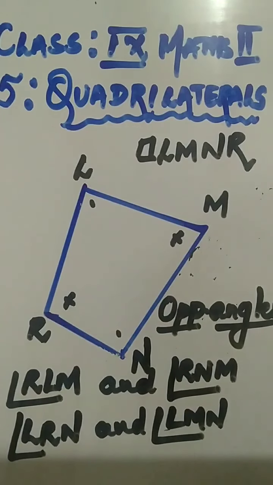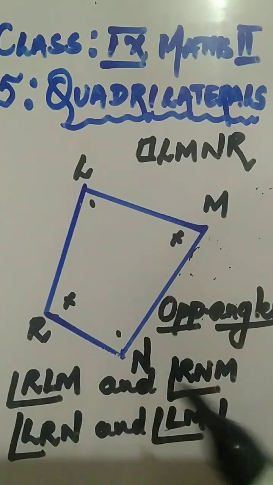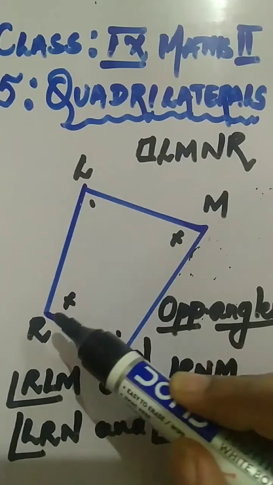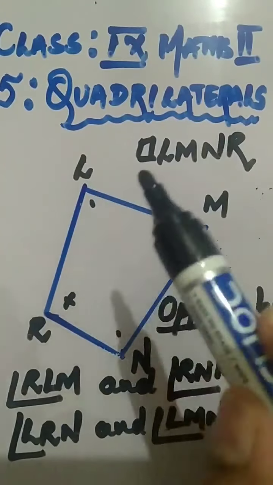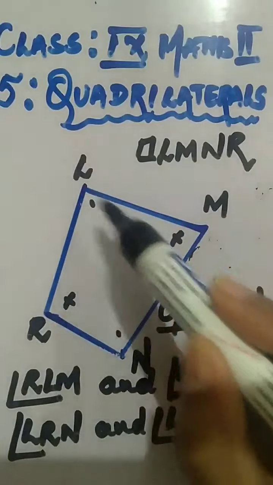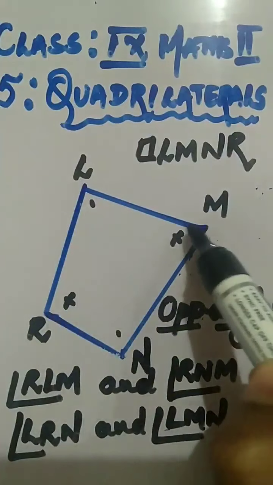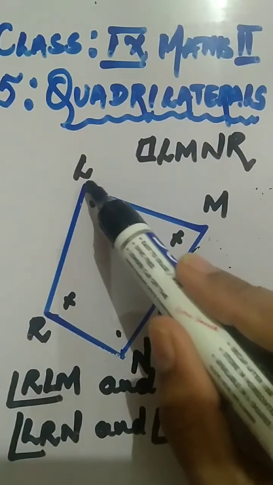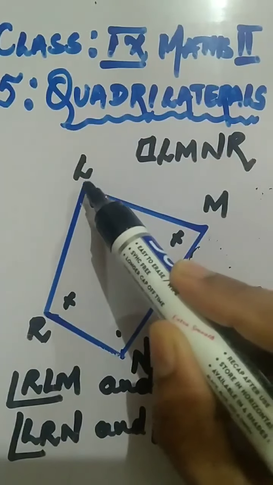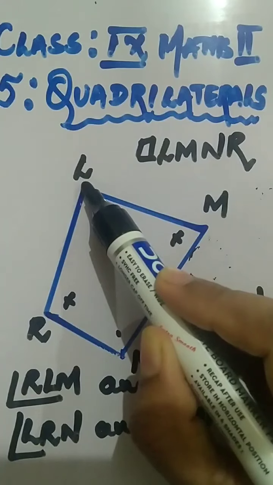You should know the opposite sides, opposite angles. You already know what vertices are, right? Where two sides meet, that point is called a vertex. When two arms or sides of any figure meet each other, here this side and this side, they both are meeting at point L. So here L is called the vertex.